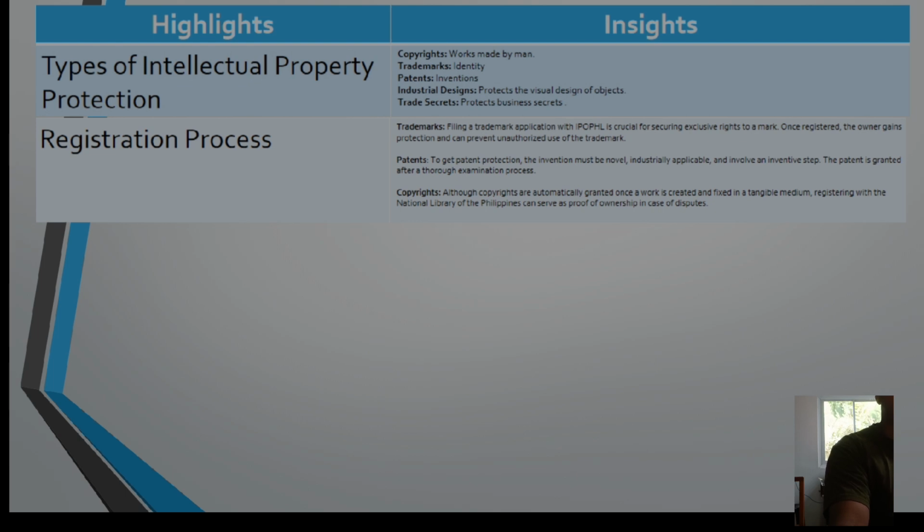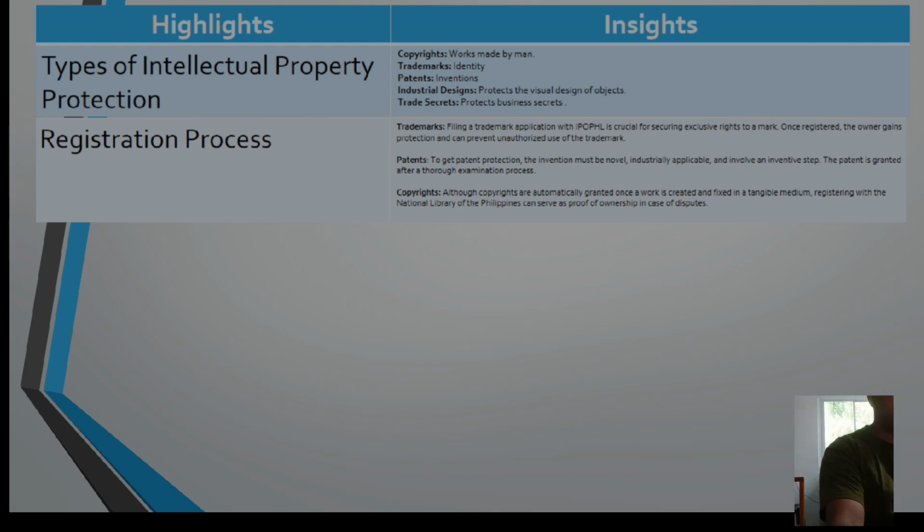When we also register the patent or the intellectual property, it strengthens its protection from revisions or copying. So there's security for the individual or the organization itself.